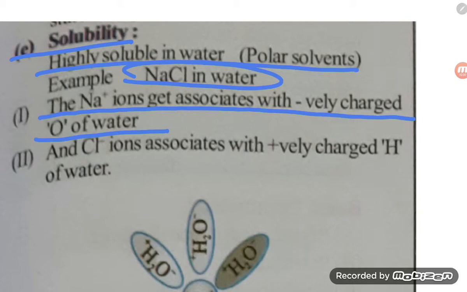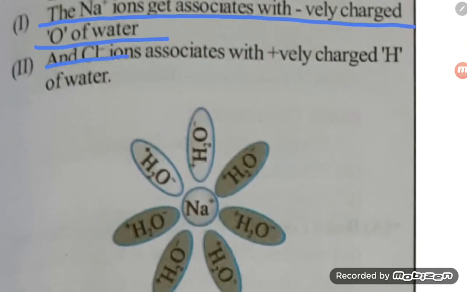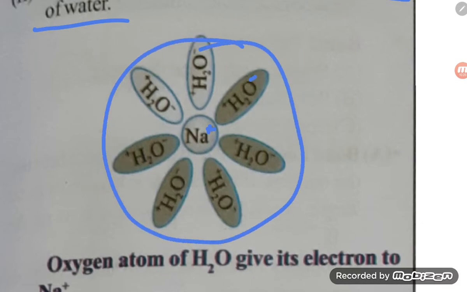Na is positively charged, so they get associated and form an associated molecule, and dissolve in water. The Cl- ion associates with the positively charged hydrogen of water. Here you see, this is positive and this is negative, so they get associated.